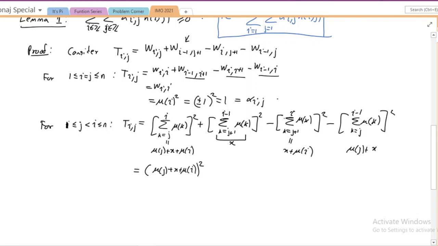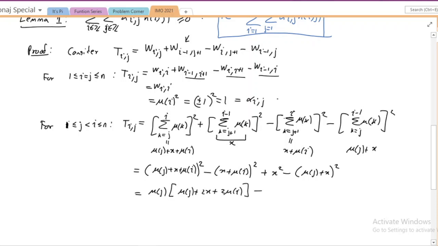Now I'm going to use difference of two squares to simplify, so I'm going to take the third term and shift it forward a bit. Okay, and then we have x squared. Now we take difference of two squares, so we'll take the difference first. That's mu j, and we'll take the sum, 2x plus 2 mu i.